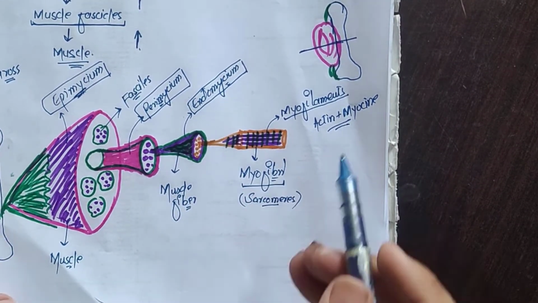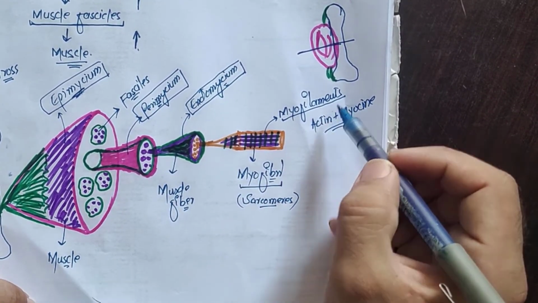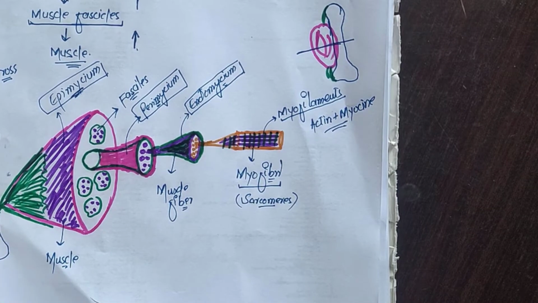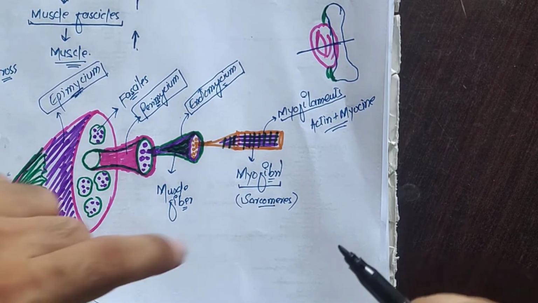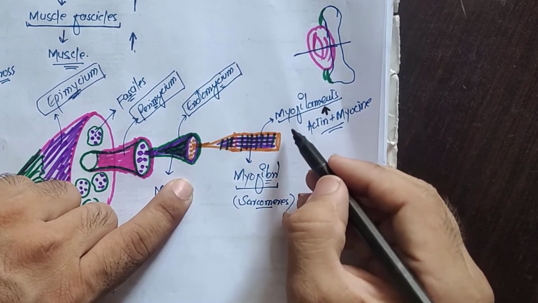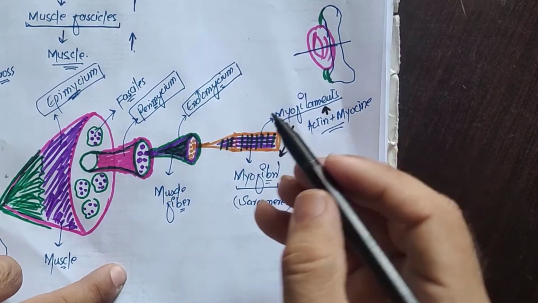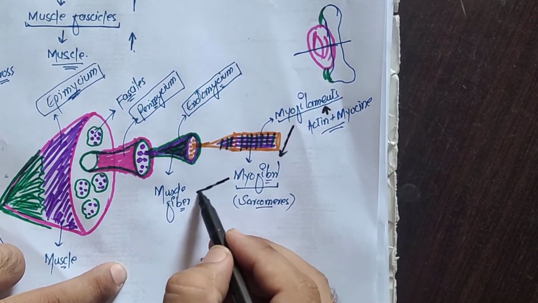So if you go from microscopic to macroscopic, look carefully. I told you that the actin and myosin filaments will make what? Myofilaments, and the myofilaments will make what? Myofibrils, right? And myofibrils will make what?